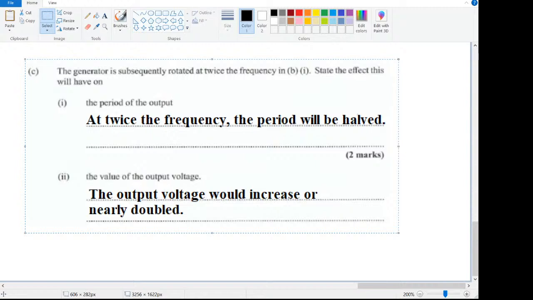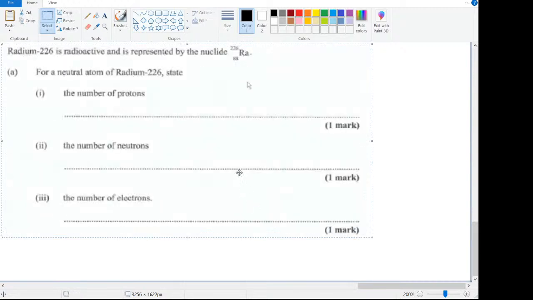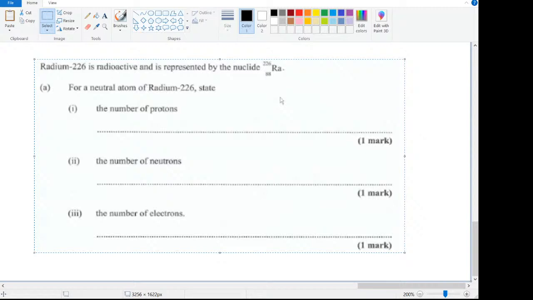Alright, and we come to the last one. This is the radioactivity question. Radium-226 is radioactive and is represented by the nucleus 226-88 radium.